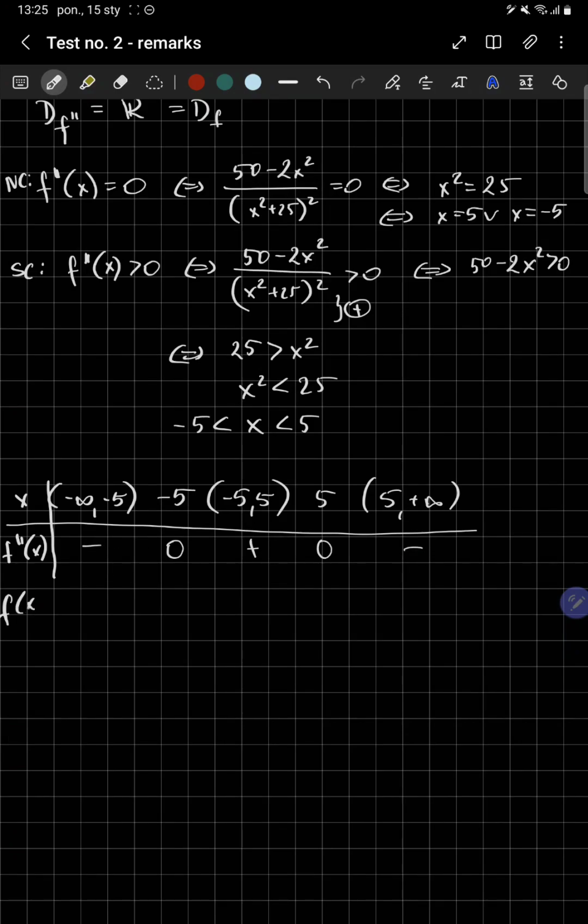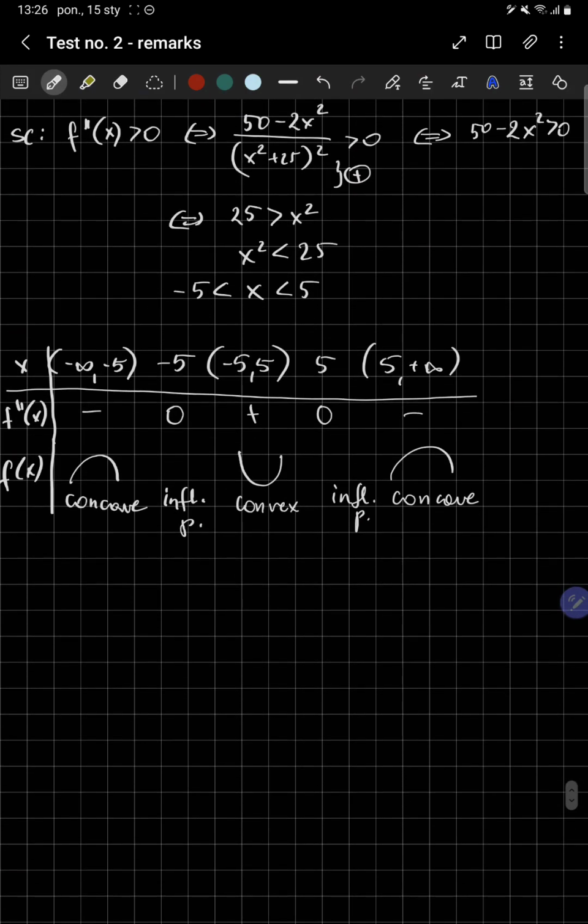So what can we say about function f itself? Here the second derivative is negative, so the function is concave. Here it is convex, and concave as well. So we see that at points minus 5 and 5 the convexity changes. So here we have 2 inflection points. And that's it. That's the whole answer.